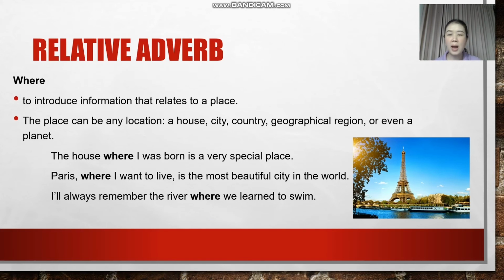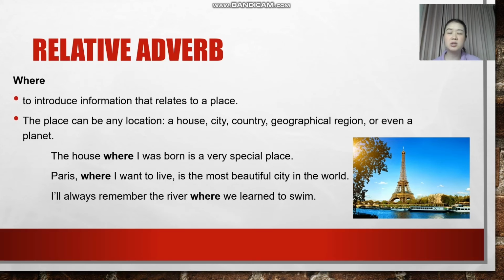Paris, where I want to live, is the most beautiful city in the world. I'll always remember the river where we learn to swim. So we use the word where to modify the noun before it. Like the word where in the first sentence, where I was born, that is to modify the word house. Where I want to live, that is to modify the word Paris. Where we learn to swim, that is to modify the word river.